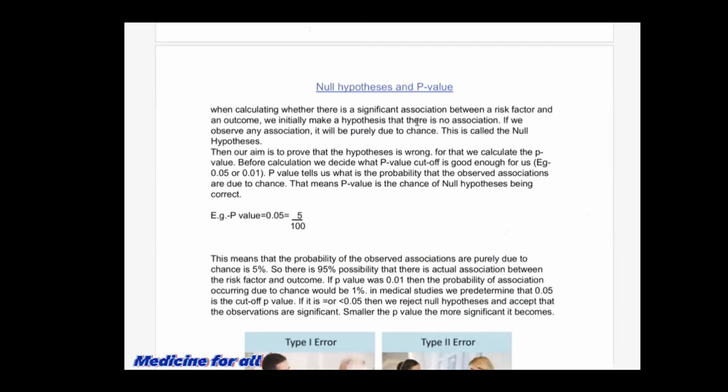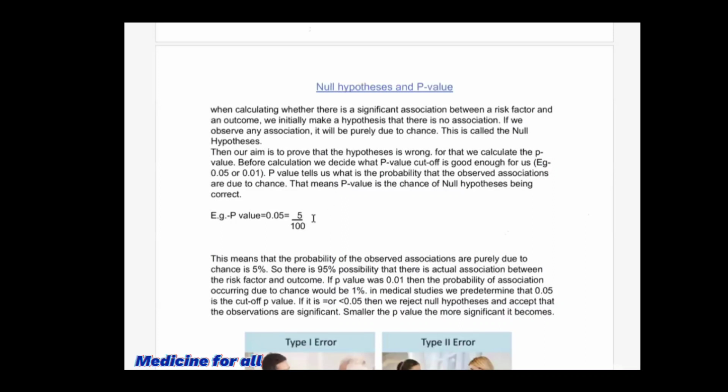Now, to prove that, we have to calculate something called the p-value. Before calculation, we decide what the p-value cutoff is, like what is good enough for us. In biological studies, all these medical things, we use 0.05. Now, 0.05 means 5%.